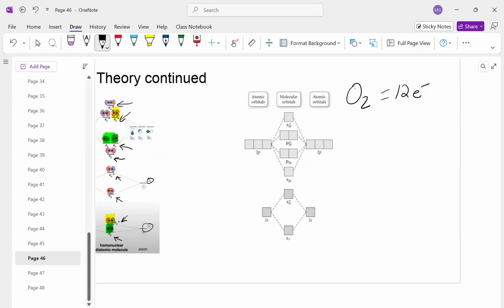I'm not going to worry about the atomic orbitals. I'm just going to start putting in my 12 electrons here. Okay, so 1, 2, 3, 4, and then 5, 6. I'm going to half fill these p first, 7, 8, and then 9, 10, and then I'm going to half fill these, 11, 12.